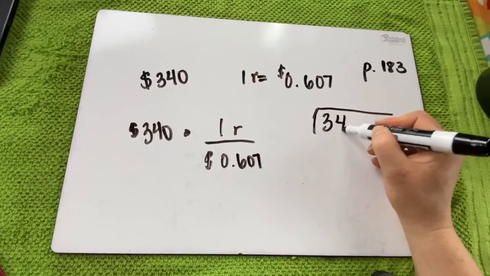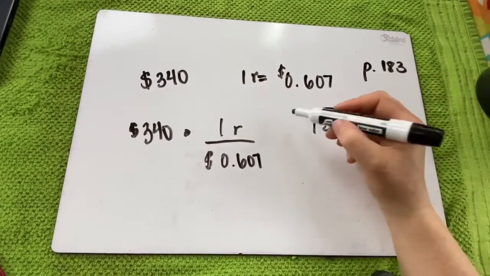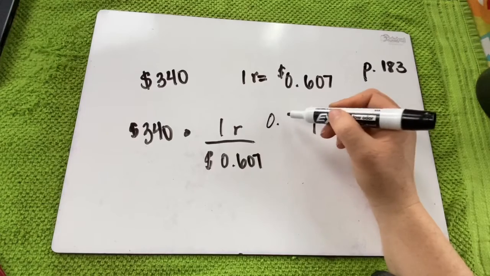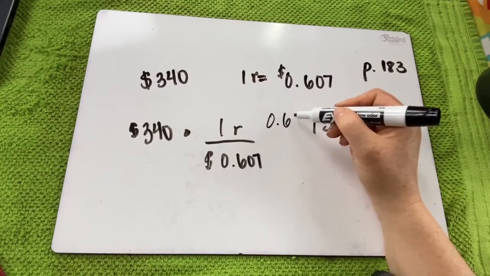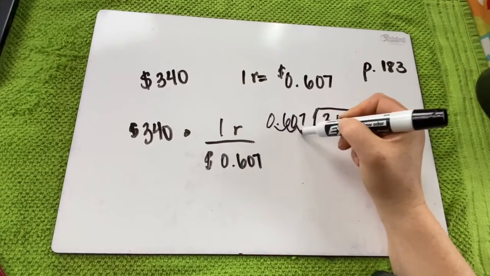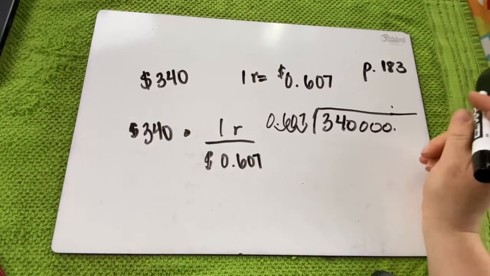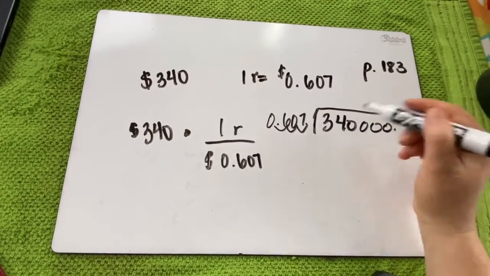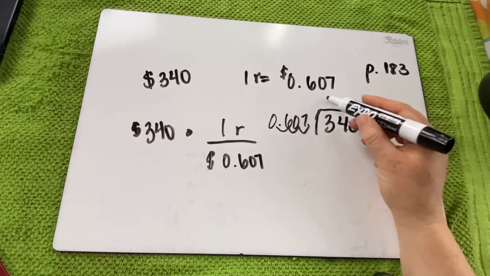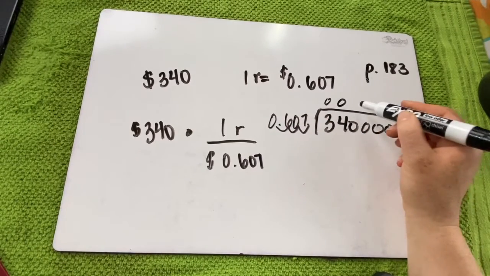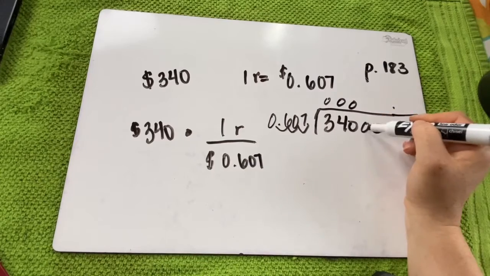So I have 340 divided by this, 0.607, and we have to move that over 3. So 1, 2, 3. Okay. Can 607 go into this? No. Can it go into this? No. Can it go into this? No. Can it go into this? Yes.